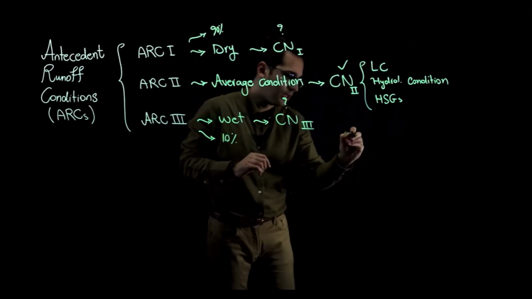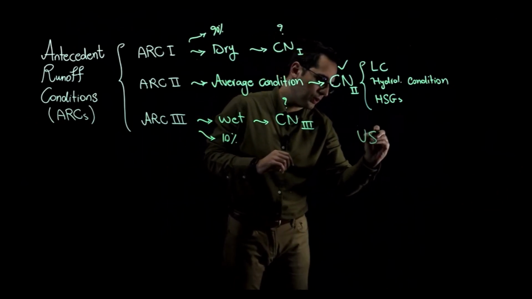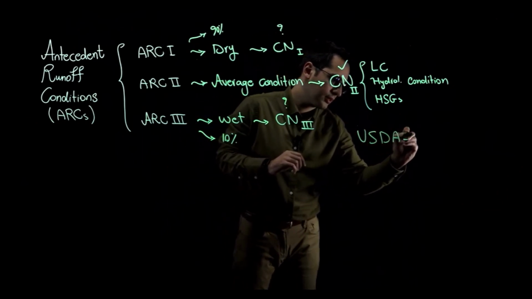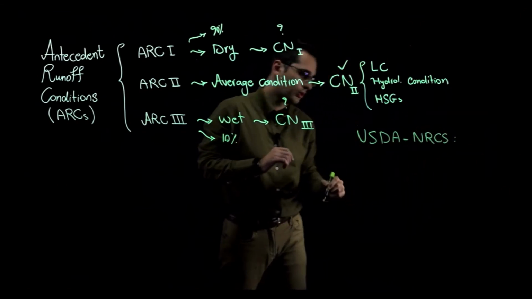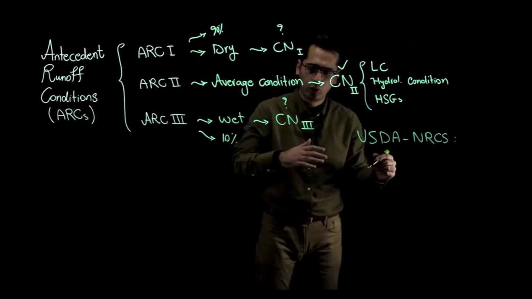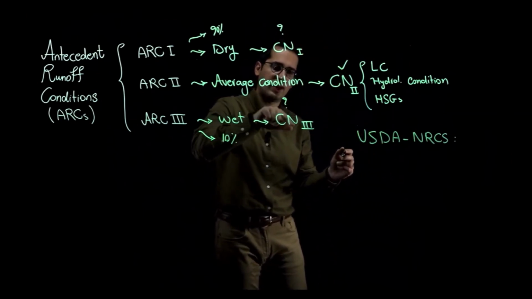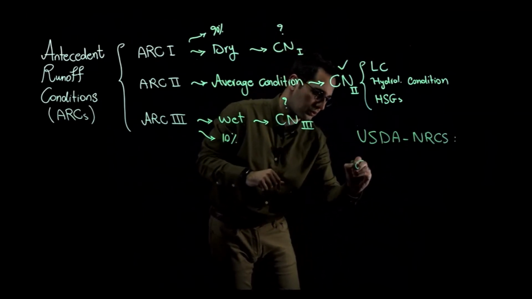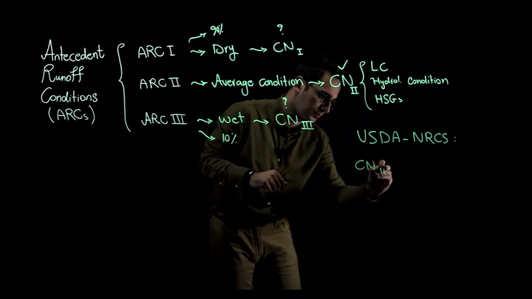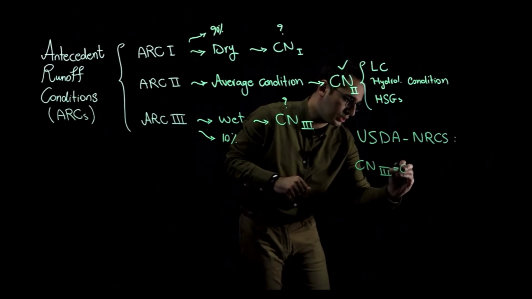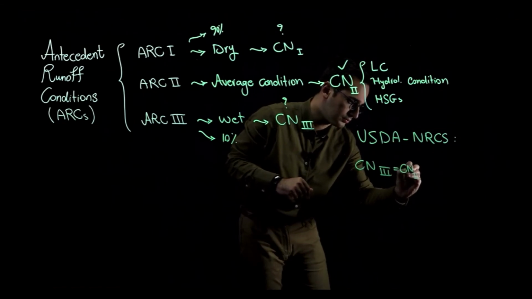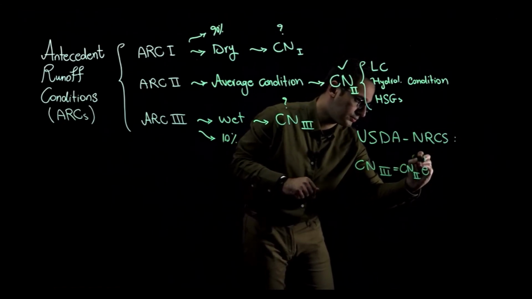For example, the United States Department of Agriculture, Natural Resources Conservation Service recommends a set of equations to be able to estimate values of curve number 1 and curve number 3. For example, curve number 3, or the wet condition, can be calculated using curve number 2 by this equation.